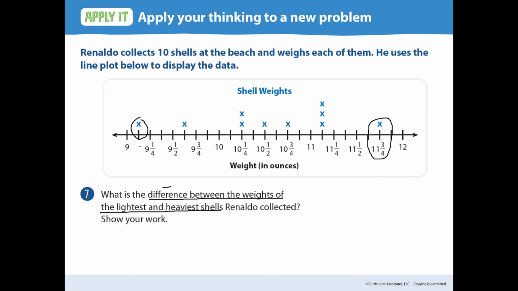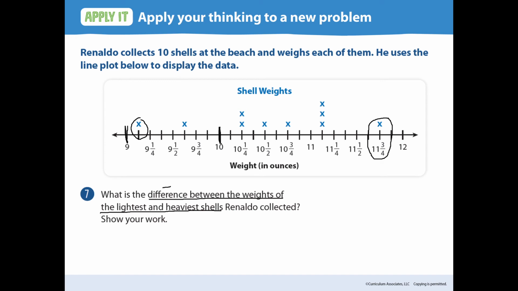Okay, this one does not have a tick mark on it, and so we can try to figure out what that actual measurement is right there. So I'm noticing that we have 9 and then something, and then 9 1/4, and then something, and then 9 1/2. So let's see, here's my 9, and there's the 10.